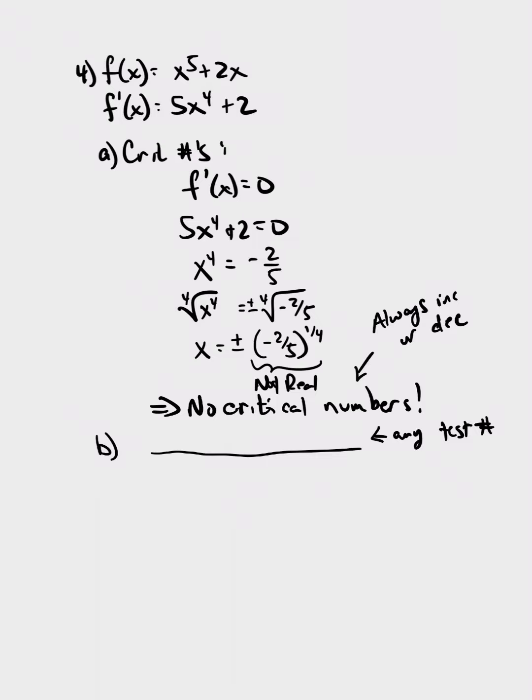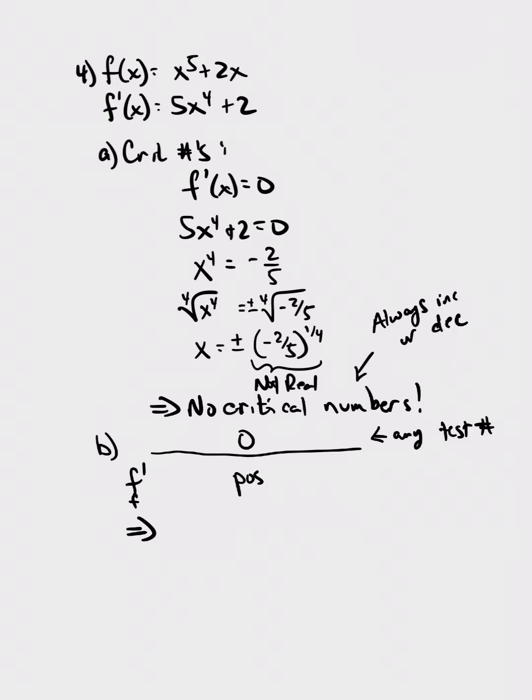The easiest number to me is to use 0. And then I plug that into the derivative. My derivative is 5x to the fourth plus 2. So if I plug 0 into that, I'm going to get a positive, like that. It's always positive, or it's always increasing or decreasing.